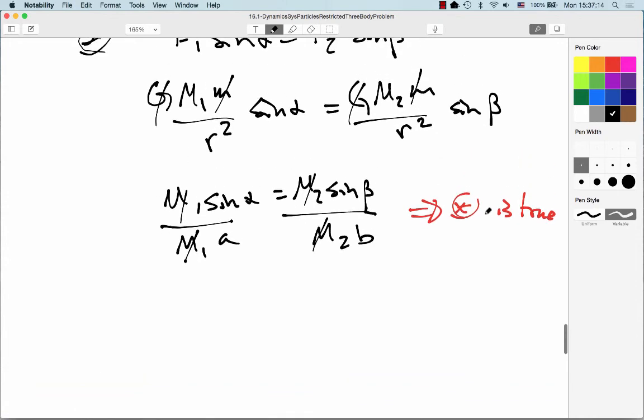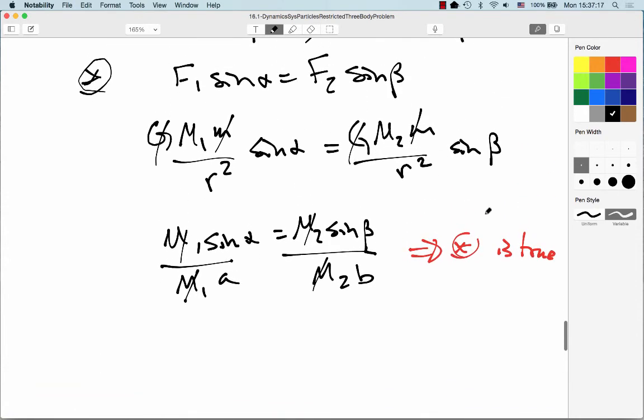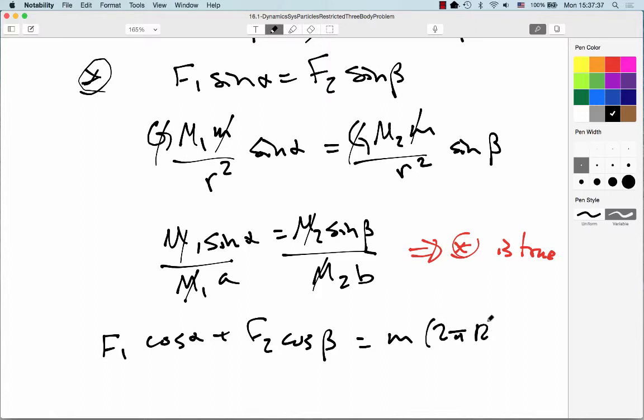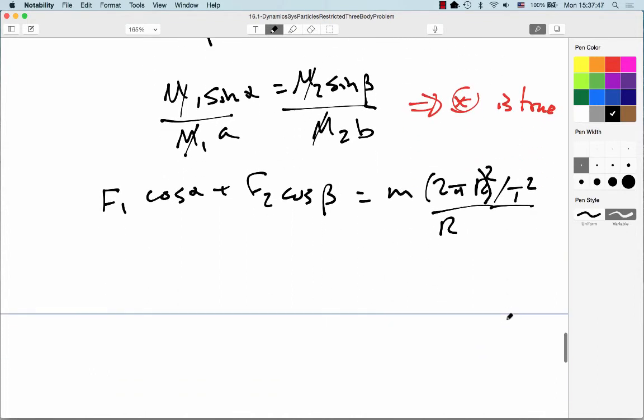So now that I know that that is true, I can go about showing that the period for somebody at L5 is the same as at Jupiter. The components directed towards the center of mass are going to be F1 cosine alpha plus F2 cosine beta. And that'll equal m times (2 pi r over T) squared over r, which is just v squared there, so that makes it m v squared over r.